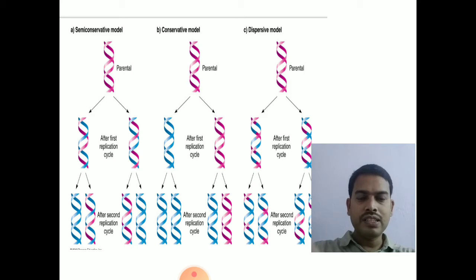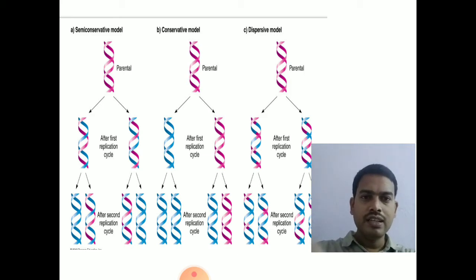after the first round of replication, the parental strand will remain the same and a new double-stranded daughter DNA is synthesized. So after one round of replication, one is completely the parental double-stranded DNA, and the other is the newly synthesized daughter DNA.